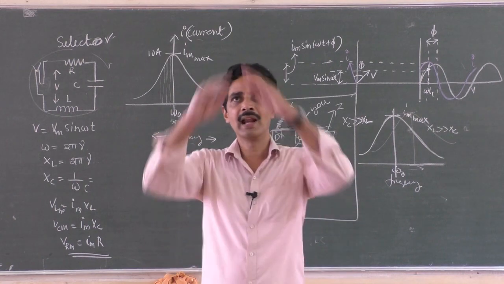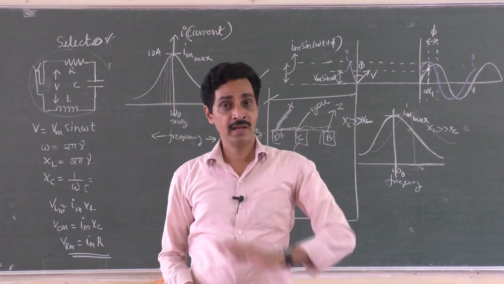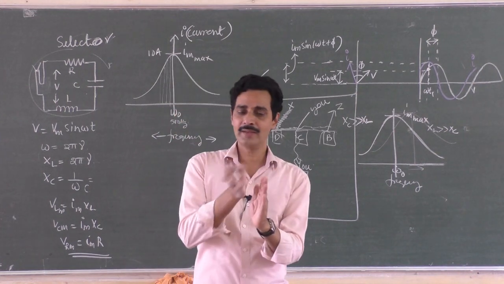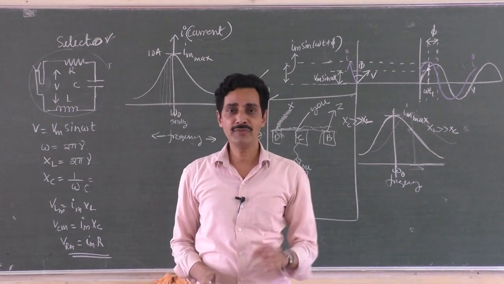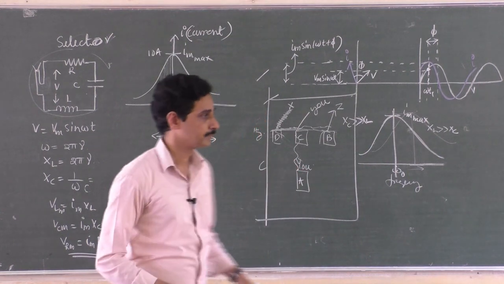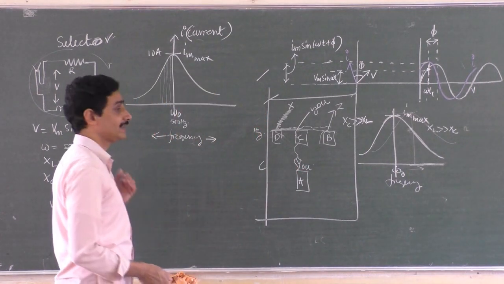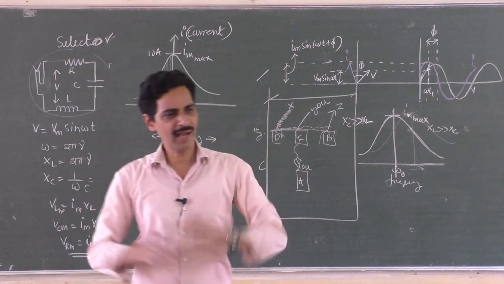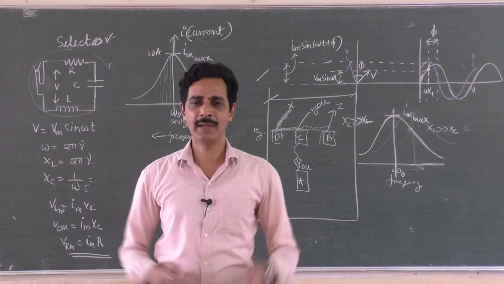It gradually decreases. That means if you are not exactly at resonant frequency, on either side of the resonant frequency, current falls at a steady rate. It doesn't fall immediately. It is not an abrupt fall. And now let us select a current which is not only the highest current, some current around the maximum current.